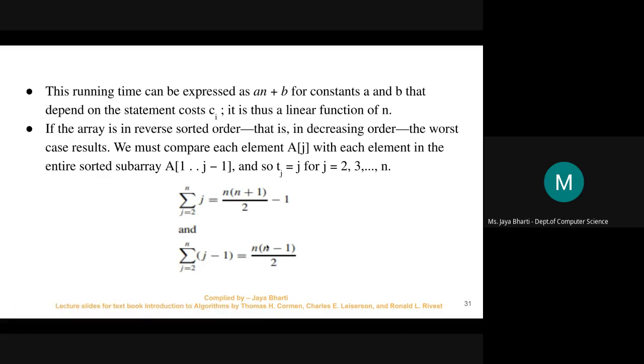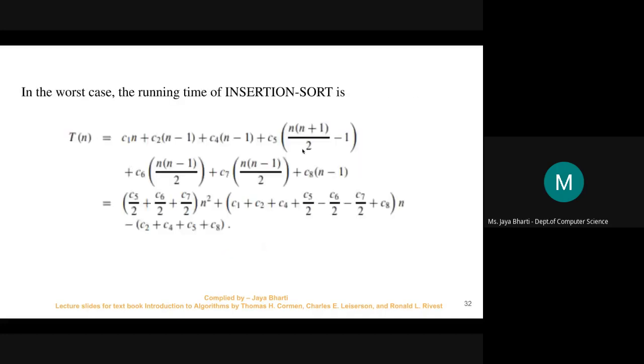Okay, so now when you add everything, you will get the worst case running time of the insertion sort. When you compute everything, you will get the final time complexity in this form. Everything here is constant.